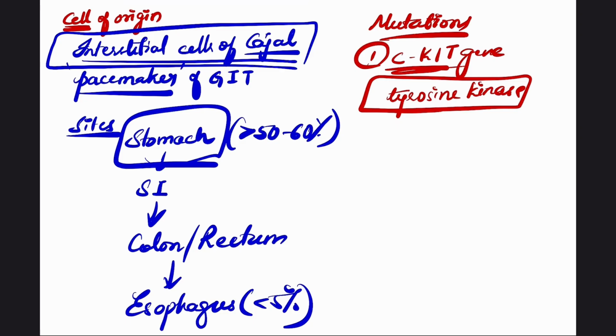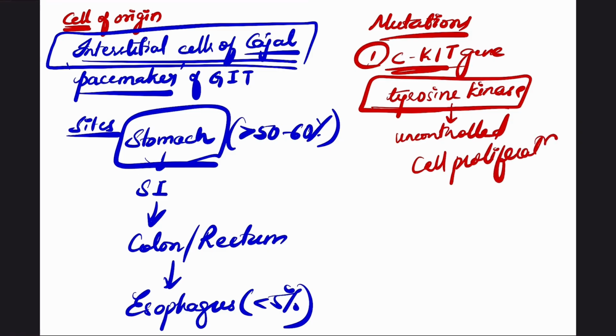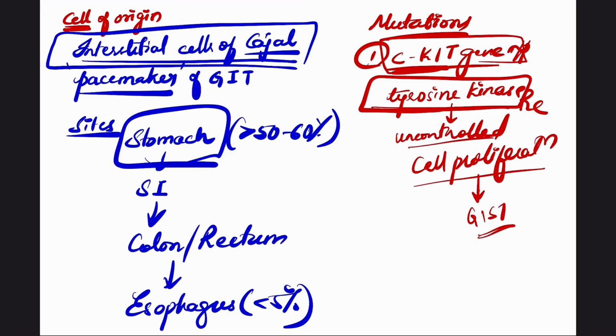Whenever this receptor gets activated, there is uncontrolled cell proliferation. So when the c-KIT gene gets mutated, it leads to uncontrolled proliferation of the interstitial cells of Cajal, ultimately leading to GIST. The c-KIT gene is responsible for about 85% of GISTs.